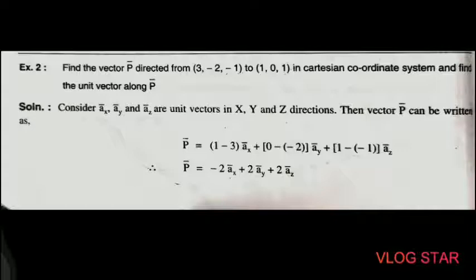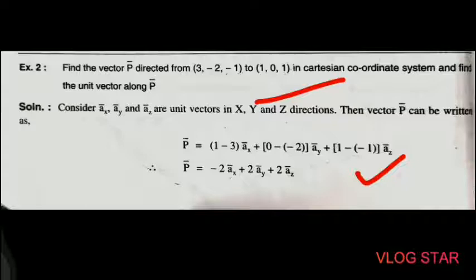Okay, so here the ending point has coordinates (1, 0, 1) and the starting point has coordinates (3, -2, -1). So we can simply subtract (1, 0, 1) minus (3, -2, -1). This is the vector form of p bar. Here we have to just subtract the x term with the x term, y with y, and z with z.